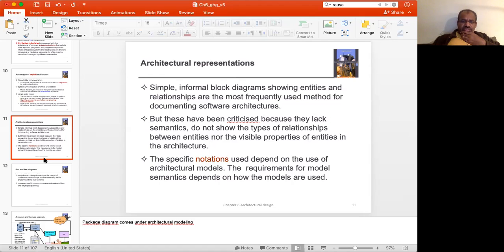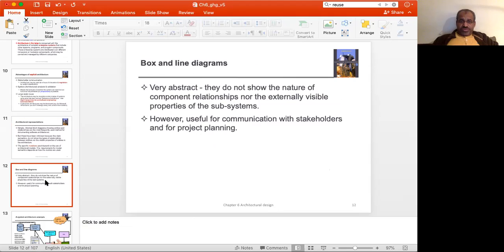Okay, how do we represent architectures? I'm going to skip these two slides because they're just very straightforward about what people normally use to represent architectures, and obviously they can be a bit informal, just relying on block diagrams, etc. And there are specific languages like architectural description languages that have specific notation to describe the components and the subsystems involved in a particular software architecture, but we will not get into these in this course.